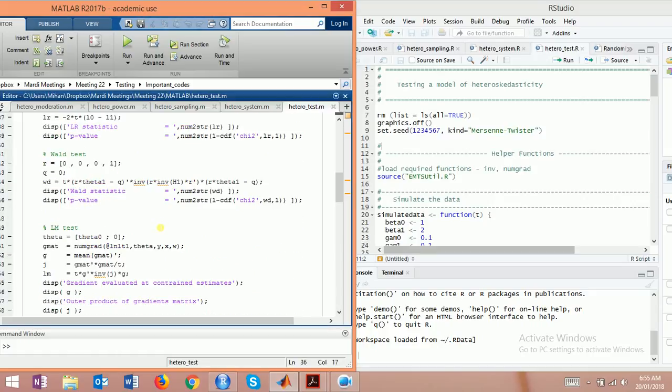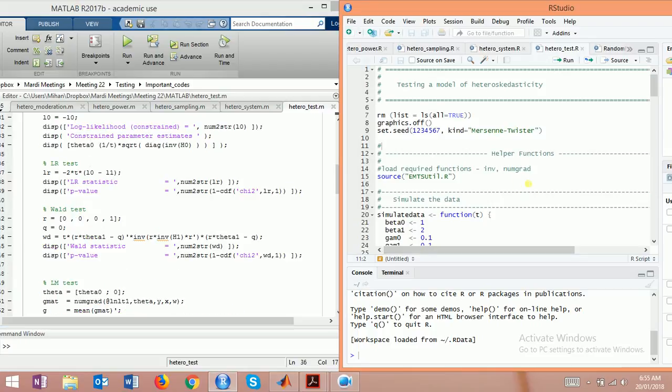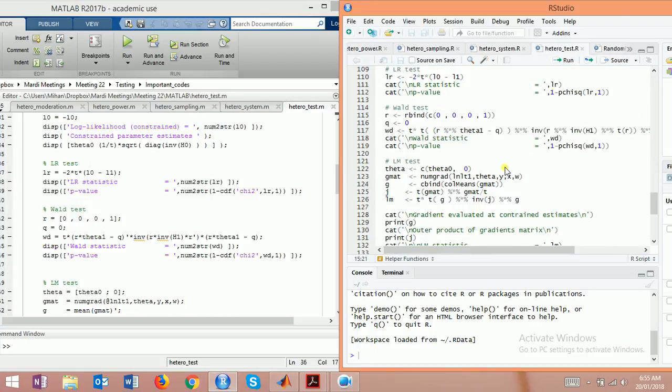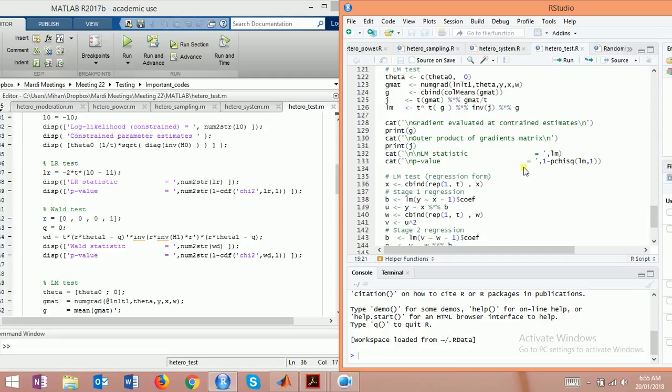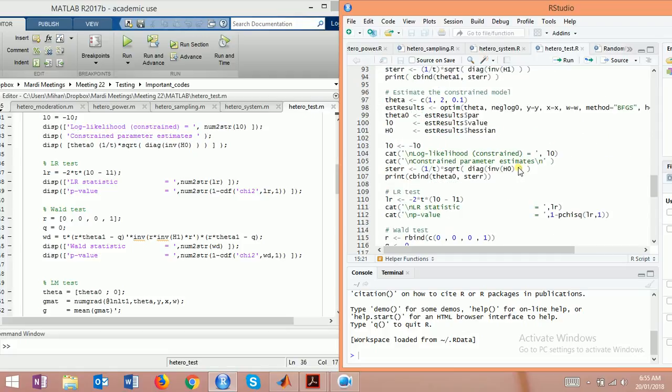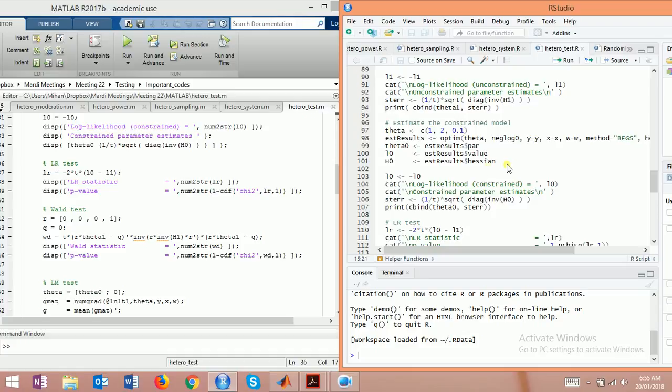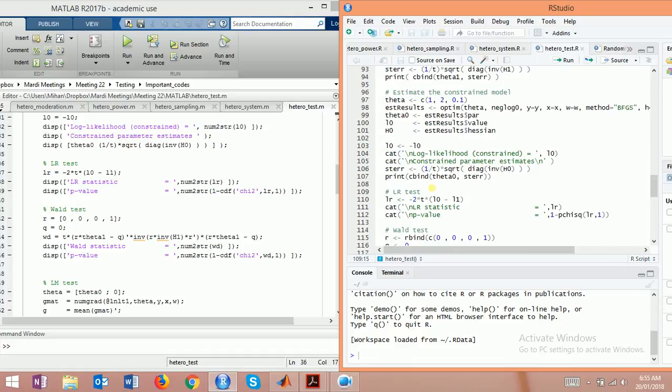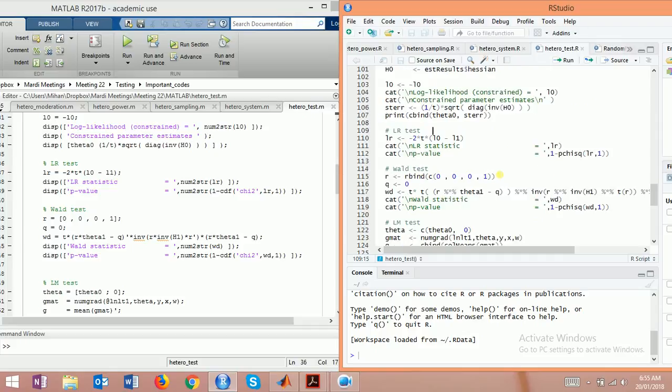Then the LR test is simply 2 times the difference between the restricted and unrestricted models. Constraint model, up until this everything is fine. Standard errors fine. So the log-likelihood ratio test, then the Wald test, where we are testing whether gamma 1 equals 0 or gamma 1 does not equal 0.